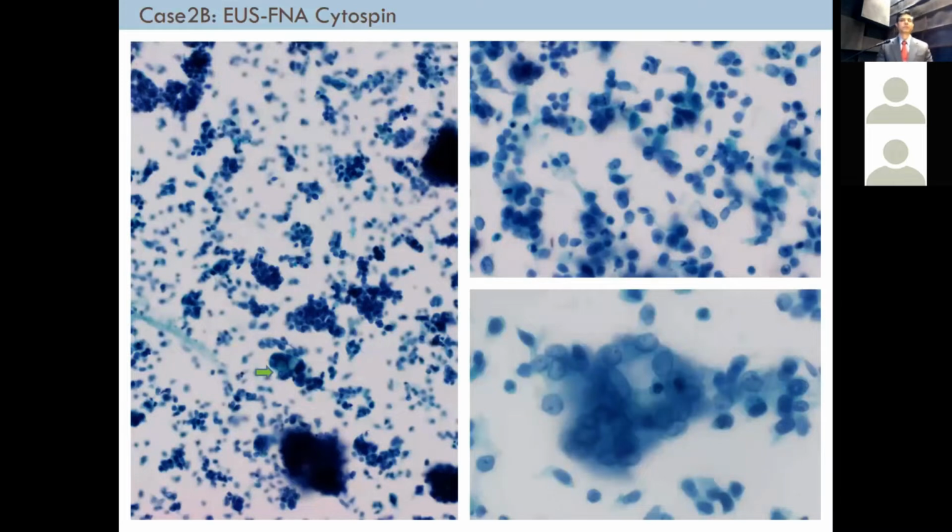Over here, first I'm going to show you the cytology specimen, for which we received a cytospin preparation. As you can see, it is quite cellular, and it is composed of mostly discohesive high-grade cells. However, there are occasional clusters where you can actually see vacuolations in the cytoplasm. There were also some clusters that exhibited glandular type differentiation.